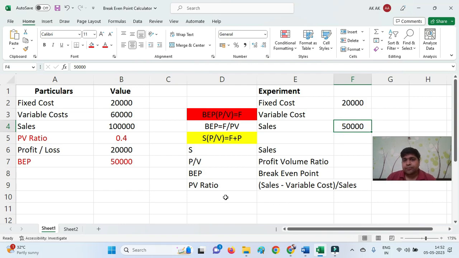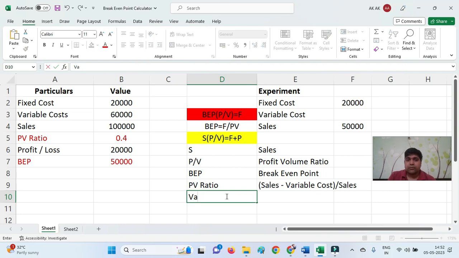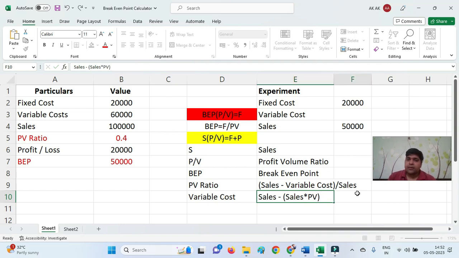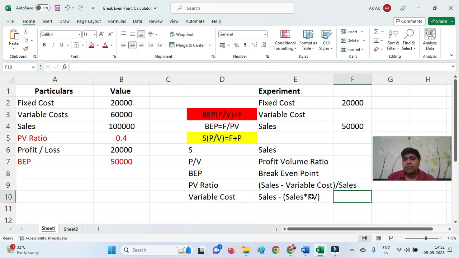Now what is the formula to calculate variable cost? When we have in our hands the sales and profit volume ratio, the formula is sales minus sales multiplied by PV ratio.